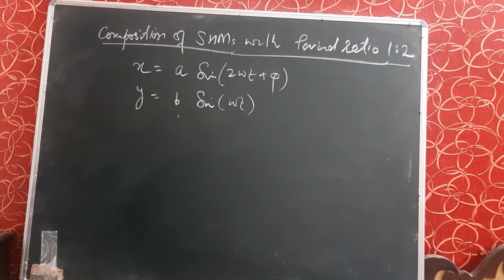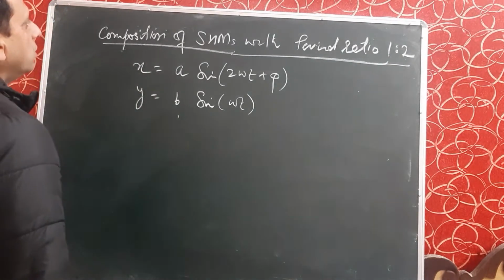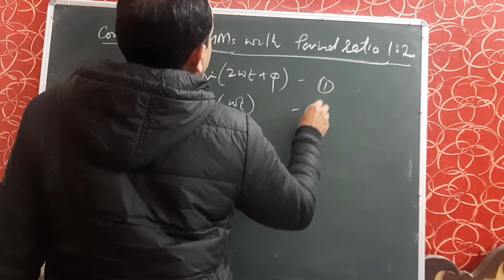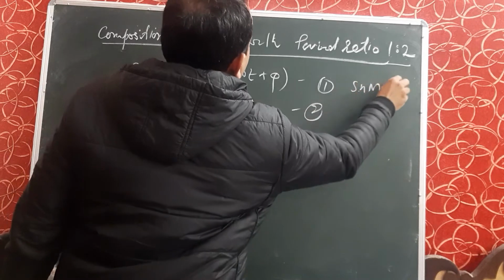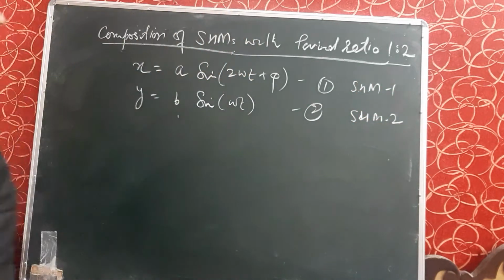These are the two equations for two SHMs, the first equation is for the first SHM, and the second equation is for the second SHM.